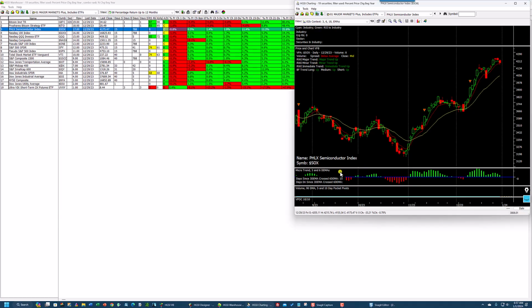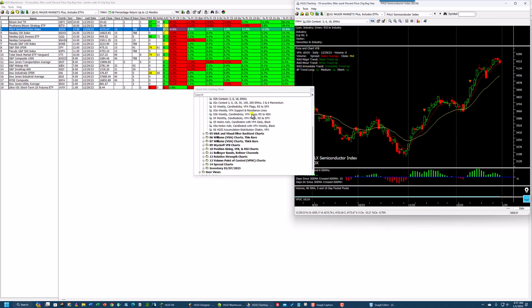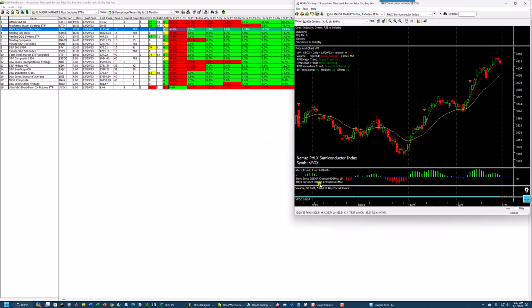Notice there's no volume on this, but I can quickly look at this chart, and this is chart number 2B, context 3618 EMAs, and I can quickly see that it's been 15 days since the last crossover, or 16 days, 0 being the crossover day, and that would be, let me bring up an arrow here, right here where it crossed over, and you can see that corresponds with this crossover up here.